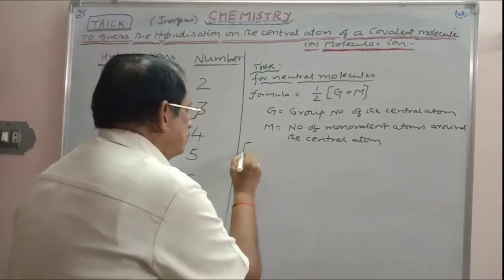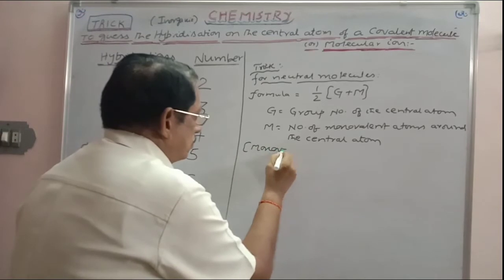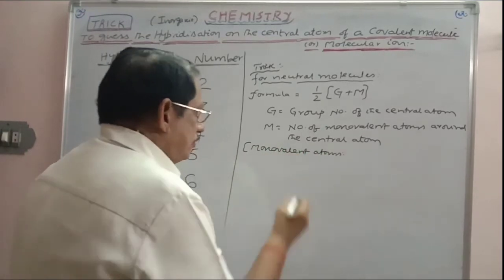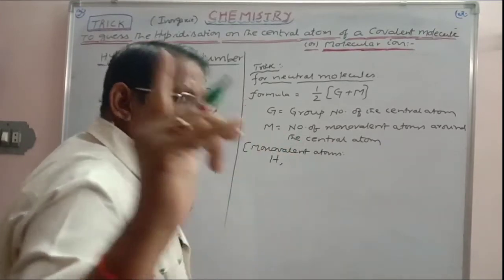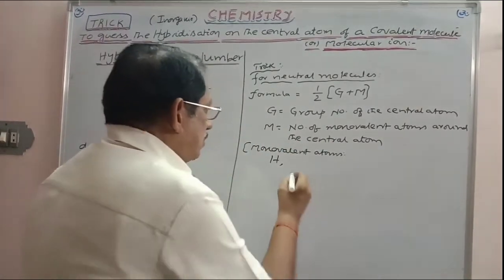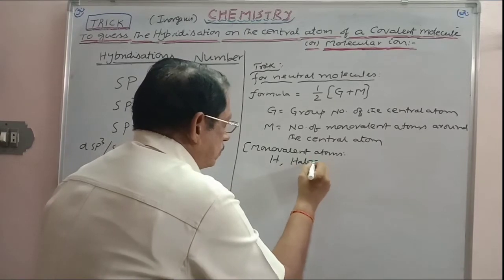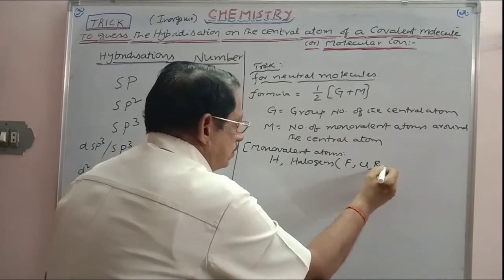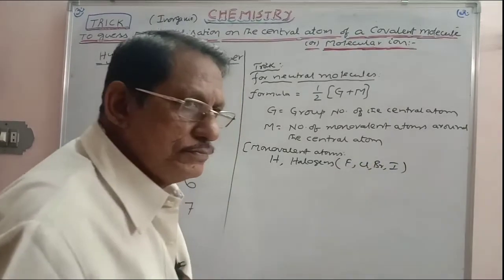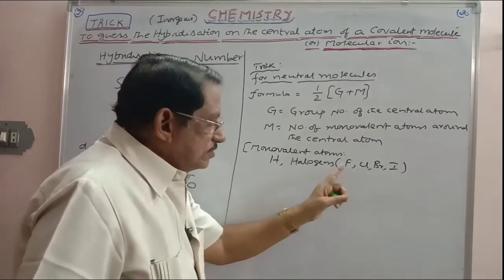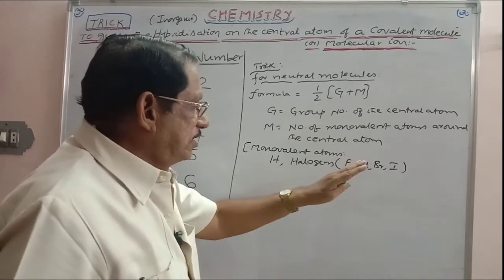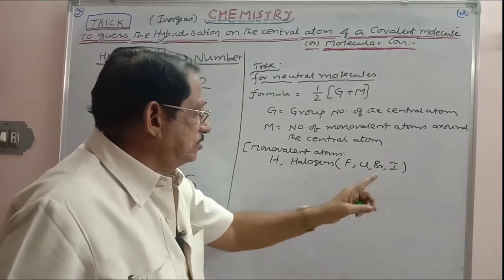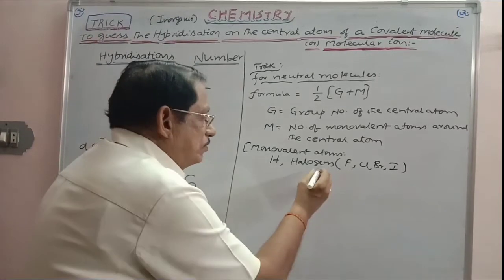What are the monovalent atoms here? Hydrogen. Valence is always 1. Similarly, halogens, that means F, Cl, Br, I. When the halogen is not the central atom, when the halogen atoms are present as the surrounding atoms around the central atom, then the valency of the halogens will be taken as 1 only.